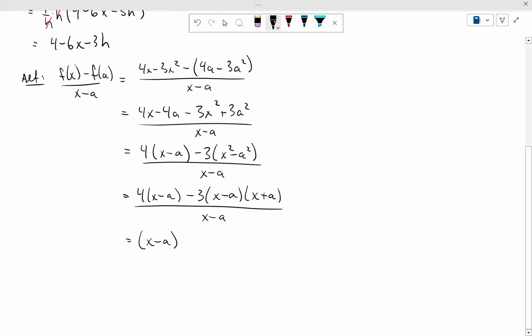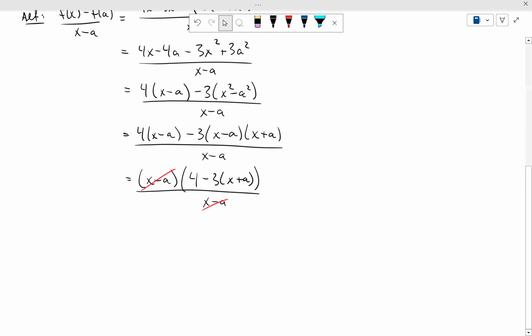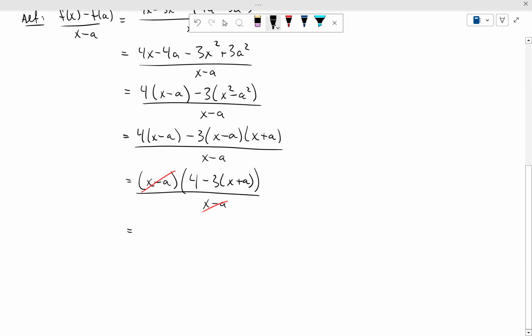We can factor all the way out. We'll be left with a 4 minus 3 times x plus a. That's all over x minus a. So these common factors now reduce. And we're going to be left with a 4 minus 3x minus 3a at the end of it all.